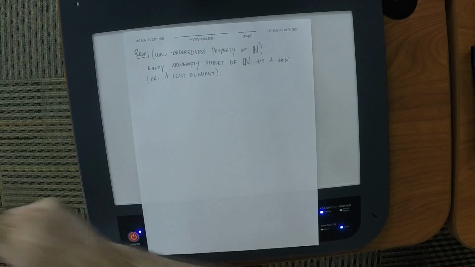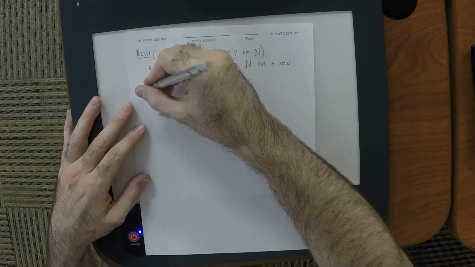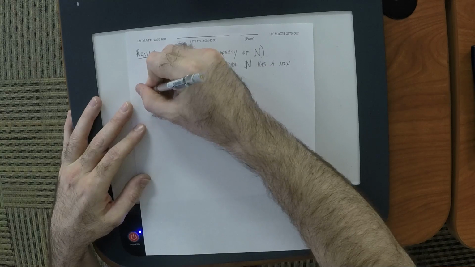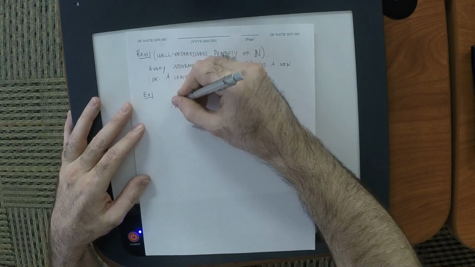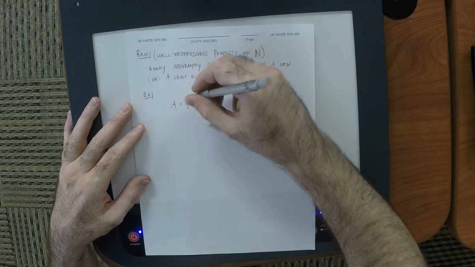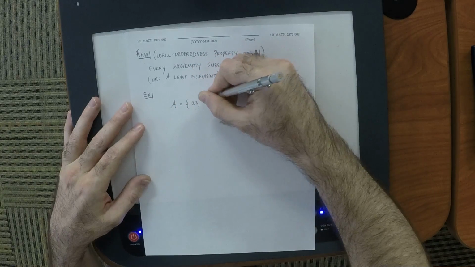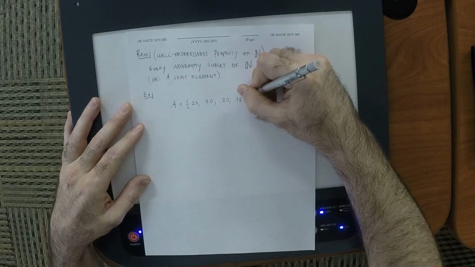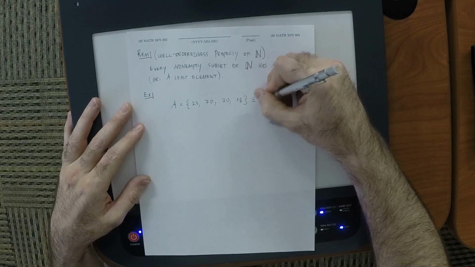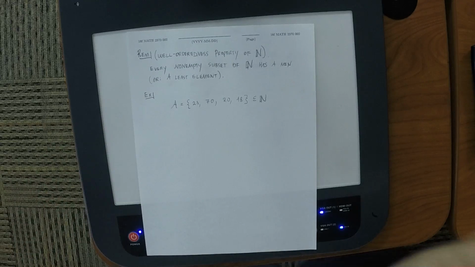So for example, here's a set: 23, 70, 20, 18. This is a subset of the naturals, right?